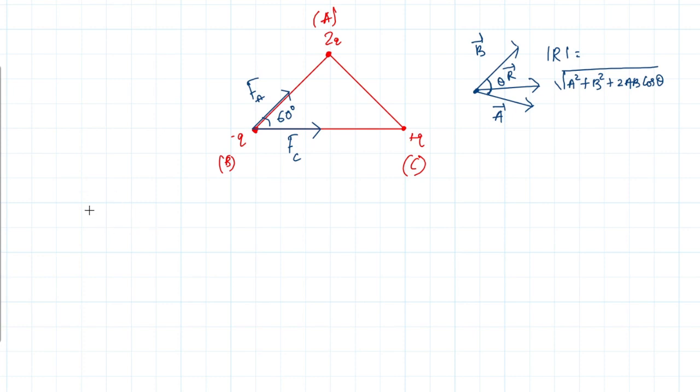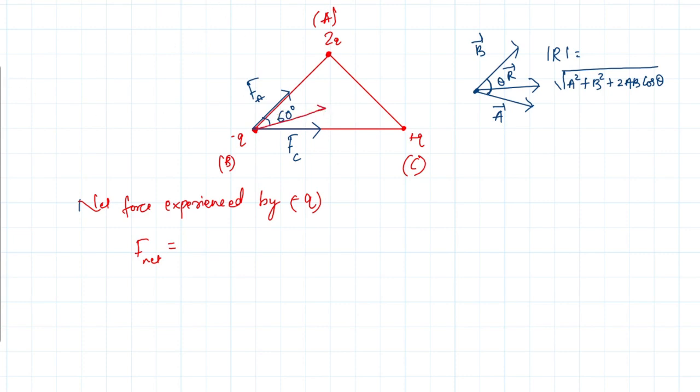Therefore, the net force experienced by minus q, F net, we will not write the vector equation, we will just write the magnitude, because we already know the resultant will be between Fa and Fc, somewhere out here.